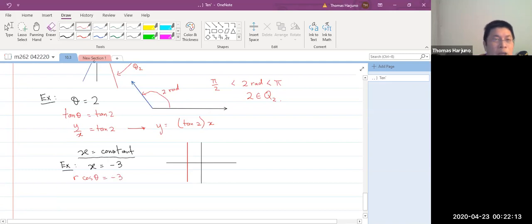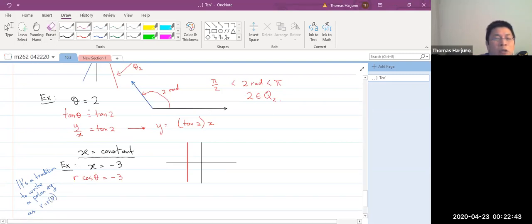Now it is a tradition to write a polar equation as r as a function of theta.